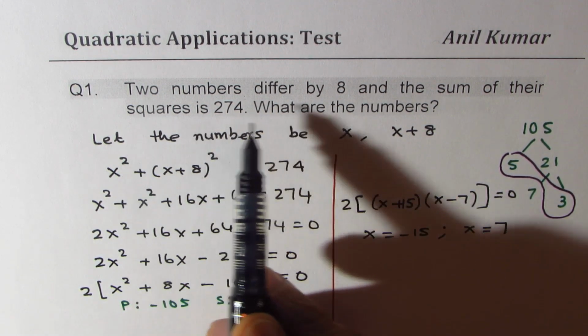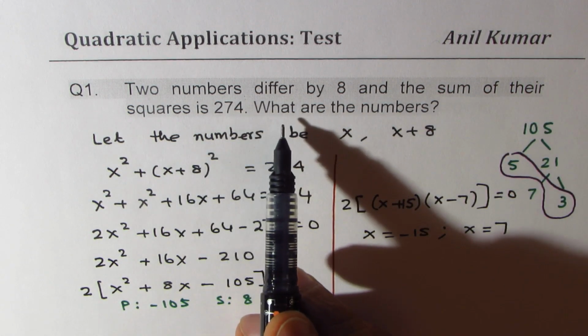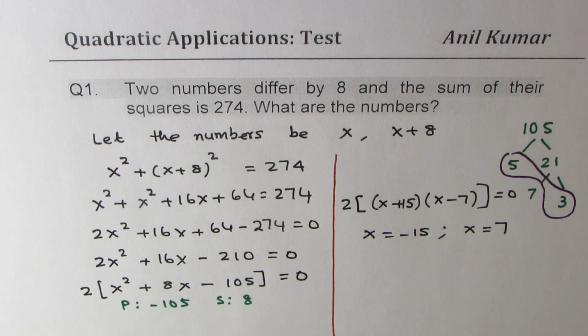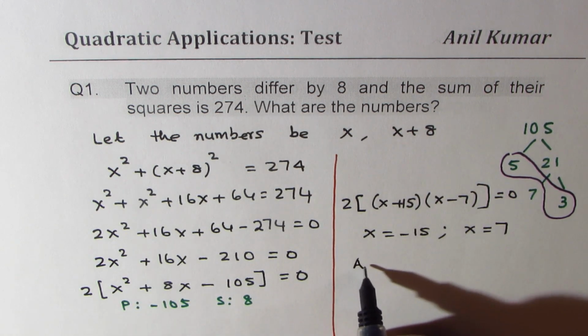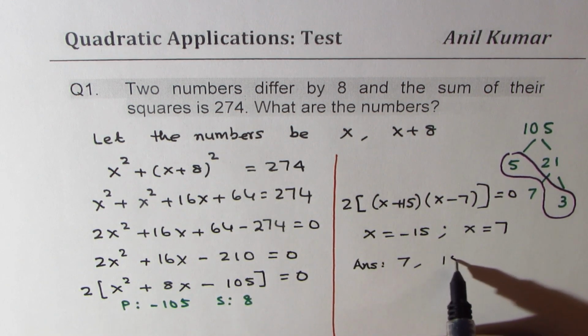That says two numbers differ by 8 and the sum of their squares is this much. What are the numbers? Now we are not very sure whether we are interested in integers or what type of numbers we are interested in. So one of the solutions definitely is 7 and 15.